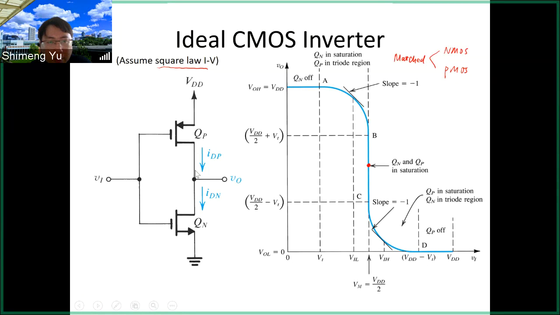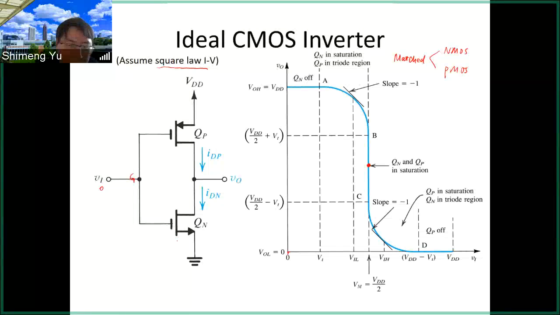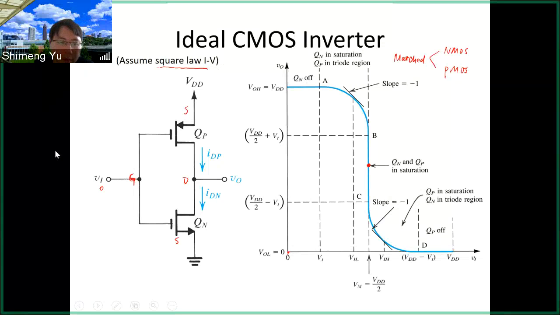So those transistors will go through different operation regimes sequentially as we increase the input voltage from 0 to VDD. Firstly, if the input is 0, you know this is the gate, this is the source for the NMOS, and this is the source for the PMOS, this is the drain. So if the input is 0, VGS is 0 for the NMOS, then the NMOS is off because it's smaller than the threshold.